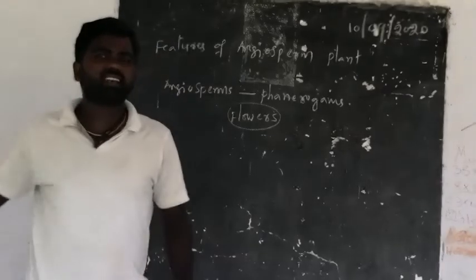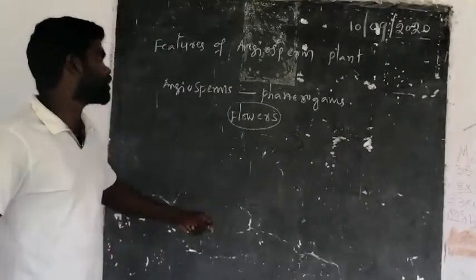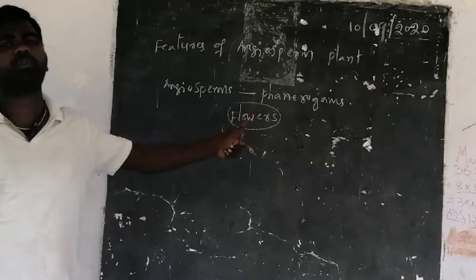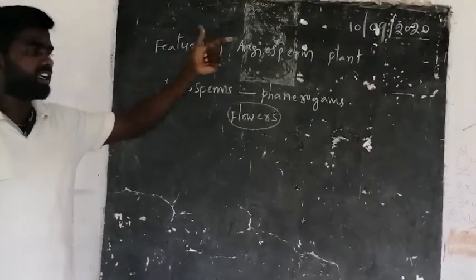The main characteristic feature of angiosperms is producing flowers. Hence, they are named phanerogams or angiosperms.